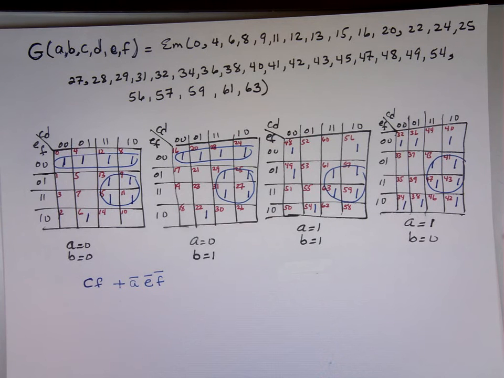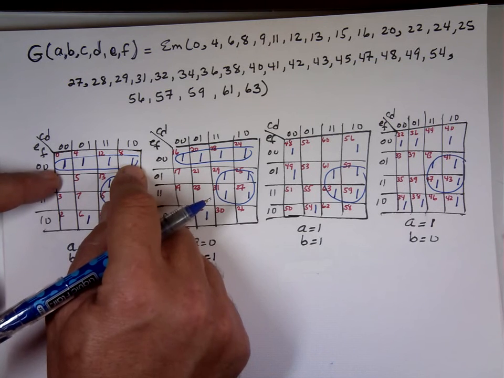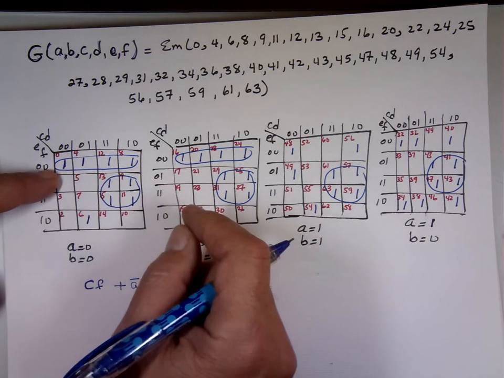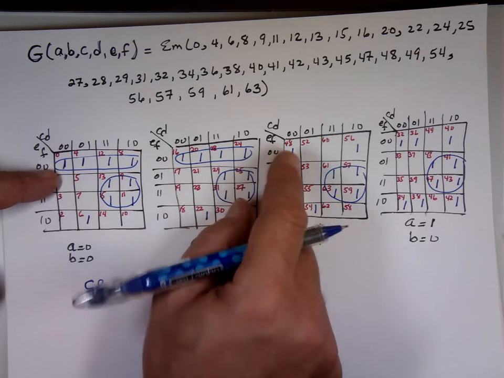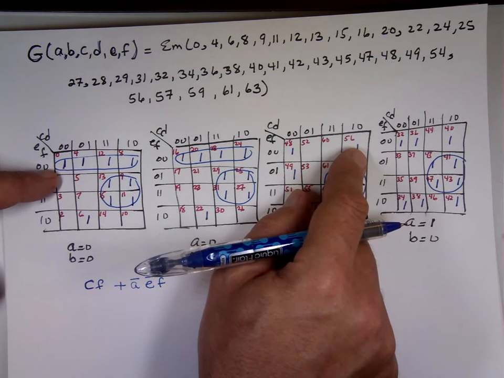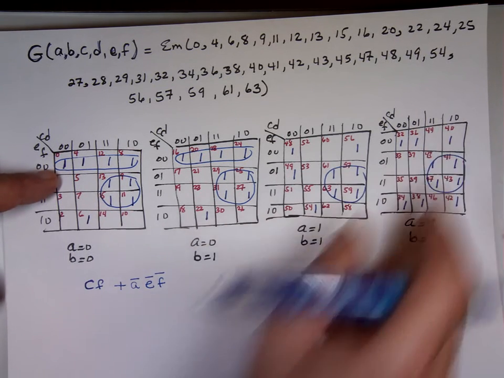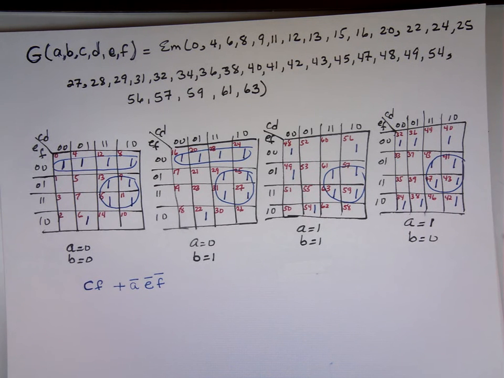That's also a group of 8. Where? 0, 8, 16, 24, and 32, 48, 56. If you picture them on top of each other, remember the thing folds. Everyone see that? I'm going to color that in purple.